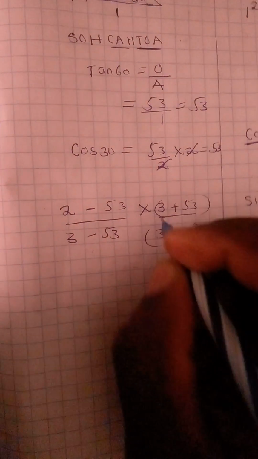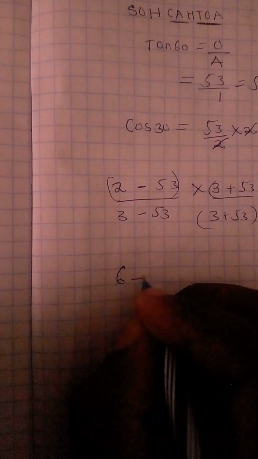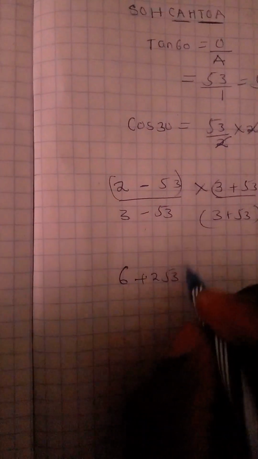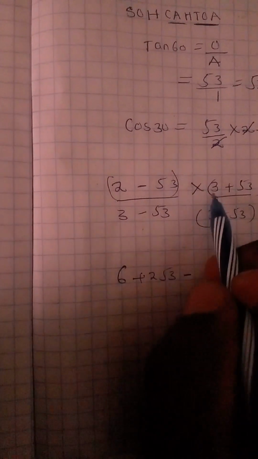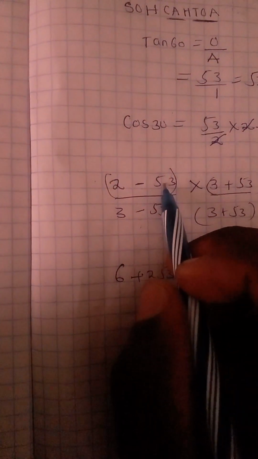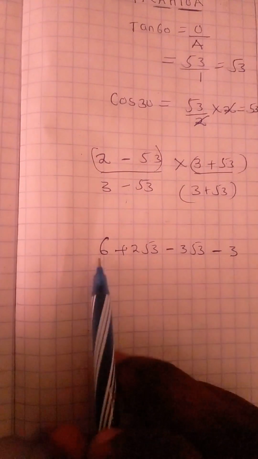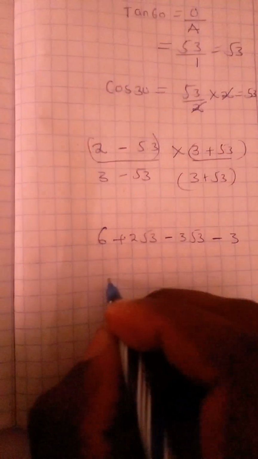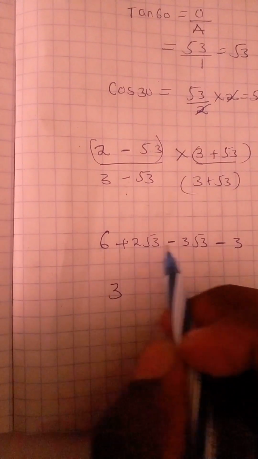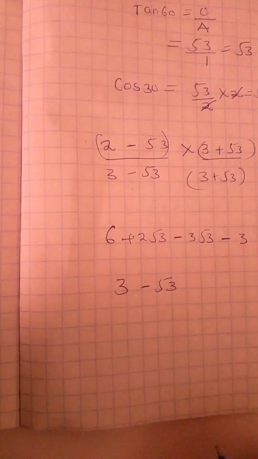Then you multiply. So multiplying now, 2 multiplied by 3 is 6. 2 multiplied by root of 3 is 2 root of 3, minus 3 times... minus root of 3 multiplied by root of 3 is 3. So collecting like terms, 6 minus 3 is 3, and 2 root of 3 minus 3 root of 3 is minus root of 3.